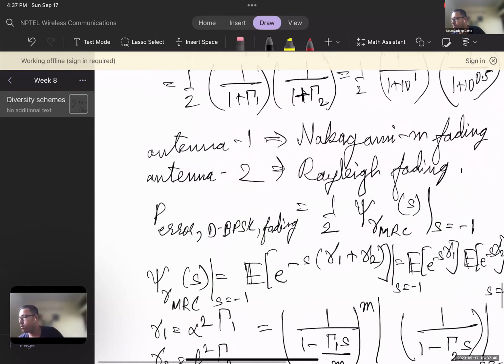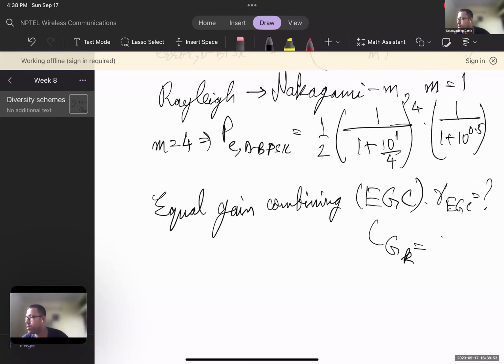Now this derivation is also there in the lectures. So in equal gain combining, your gain coefficient when you are combining at the receiver is Zk star by mod Zk. So every gain coefficient has equal gain, so it's the unity gain.